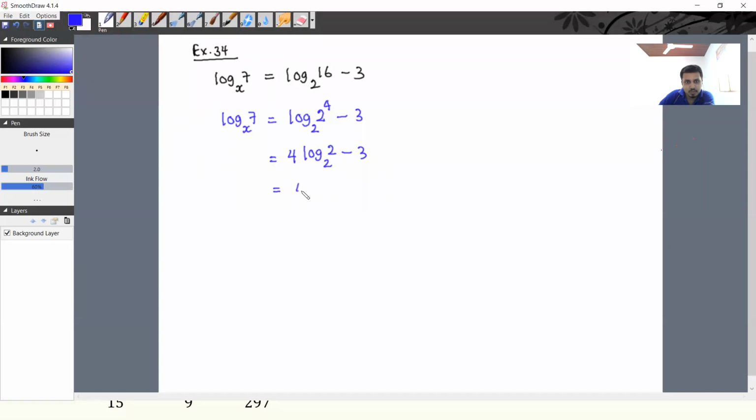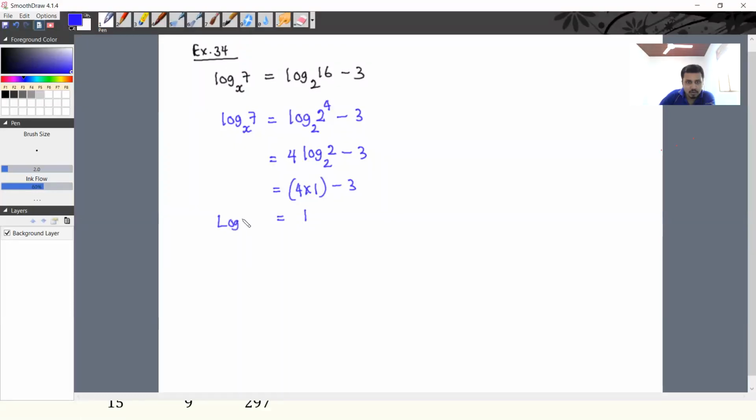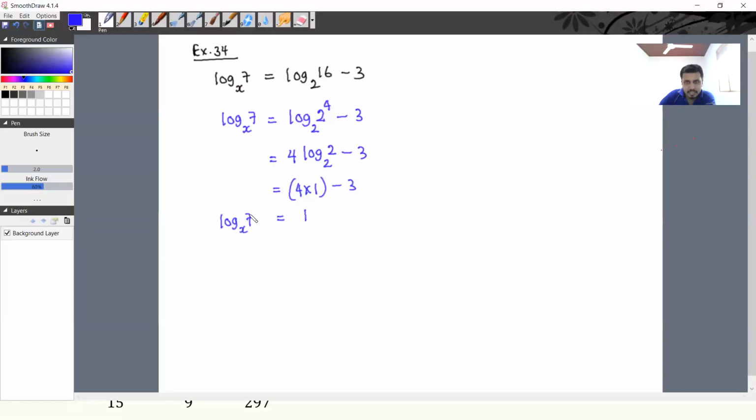So 4 into 1 minus 3. That is 4 minus 3, which is 1. It means log of 7 to the base x should be equal to 1.